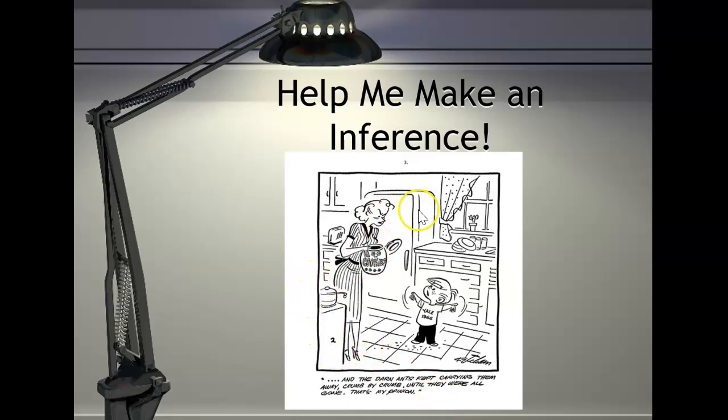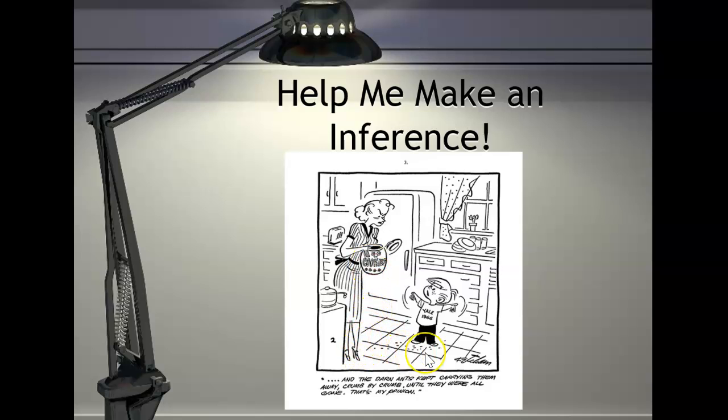But if I look at the picture, the mom looks angry. She's holding a cookie jar. The kid looks like he's about to get in trouble. So if I take a guess of what is meant by this, my guess is that he was eating cookies and he wasn't supposed to.